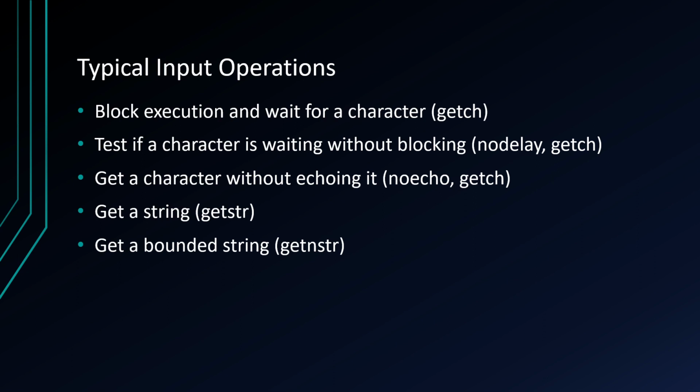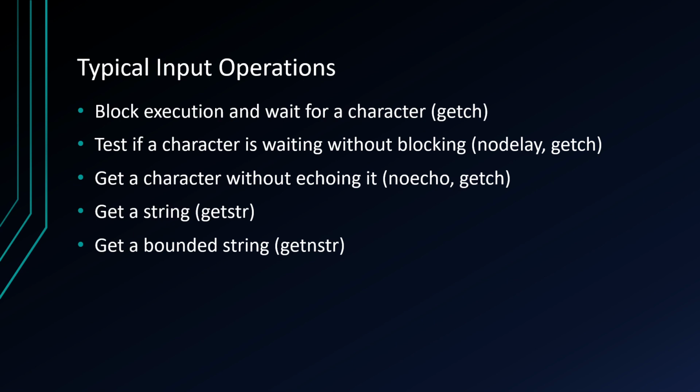Typically, or by default, input characters are echoed on the screen at the cursor location when they type a character. This is usually what you want. If you're filling out a form, you want the user's input to be echoed. But if you're doing something else, like a game, you don't want to echo the input, so you can turn the echo off.